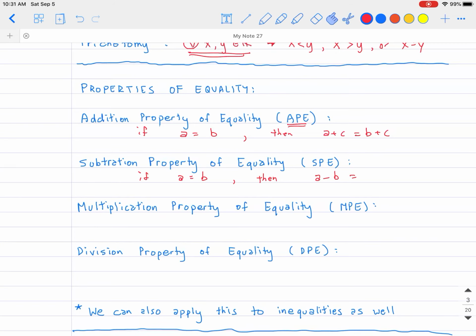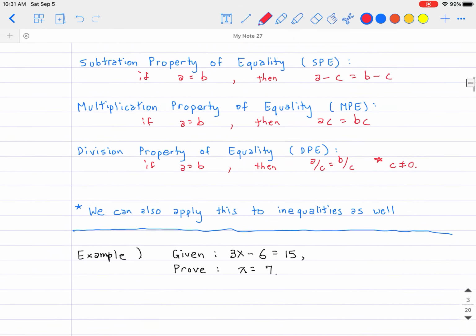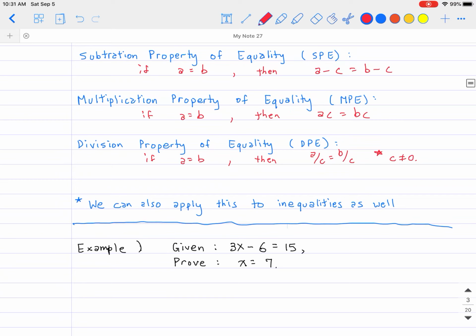So A minus, don't use B again because we used that already, let me erase that, let's say A minus C, just like before, is equal to B minus C. Next, for multiplication, if A is equal to B, you can probably guess it, then A times C is equal to B times C. And for the last one, if A is equal to B, then A divided by C is equal to B divided by C. This is provided that C does not equal 0, because remember what we just said and what Cookie Monster told me, because I don't have any friends.